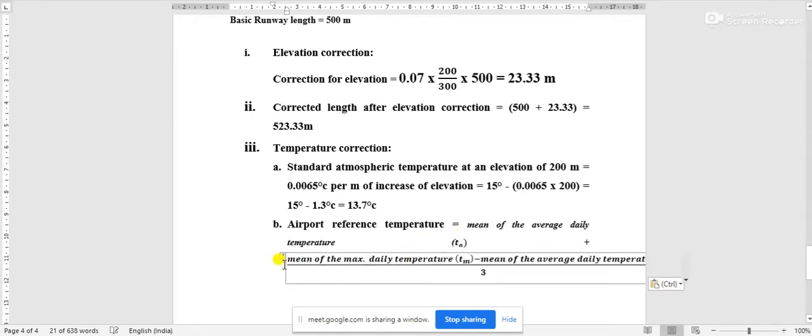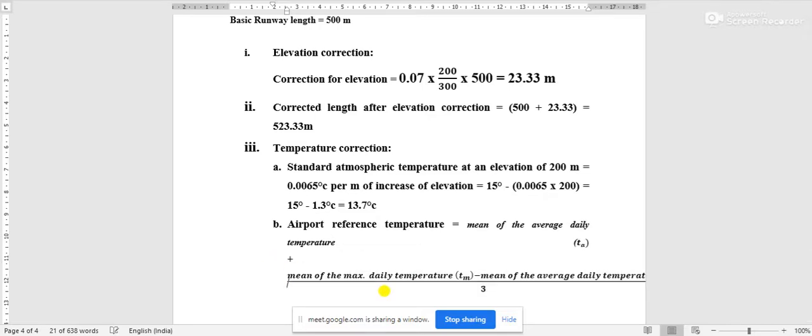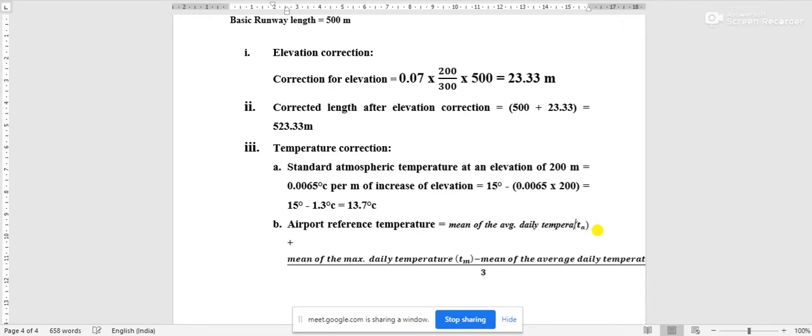That is mean of the average daily temperature plus mean of the maximum daily temperature minus mean of the average daily temperature.